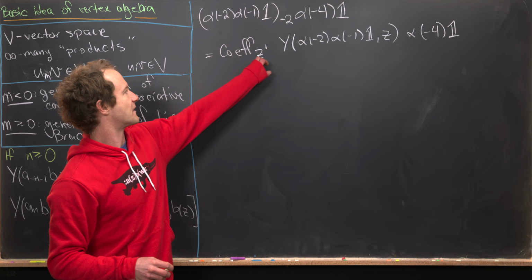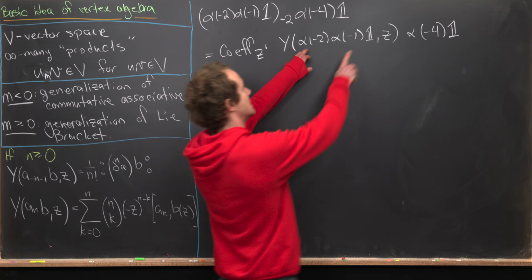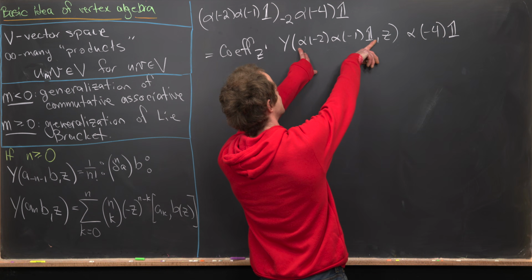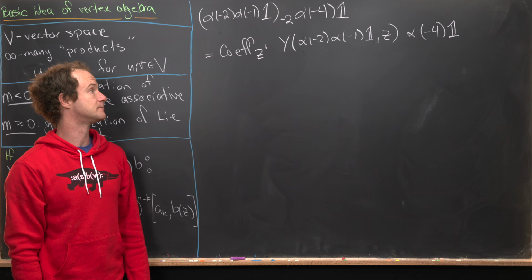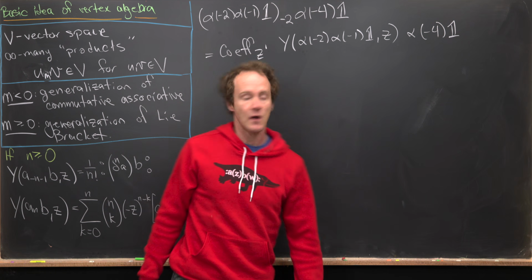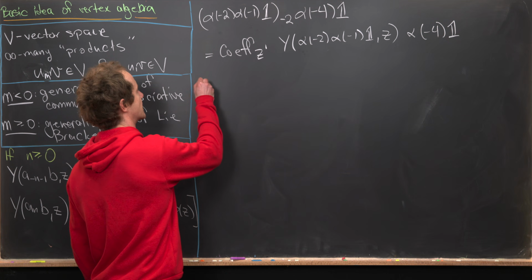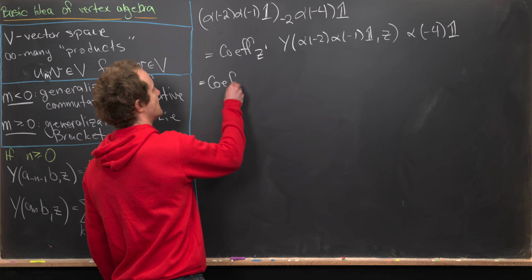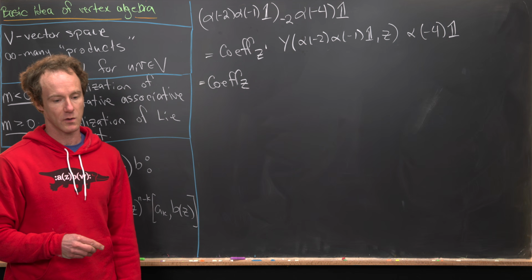So let's recall that the first power of z is going to be attached to the negative second mode, or the negative second multiplication of this vector, by the definition of the vertex operator. Okay, but now using this rule here, we can expand this vertex operator in terms of the normally ordered product. So this is going to be the coefficient of z to the first power. I won't write that first power anymore.